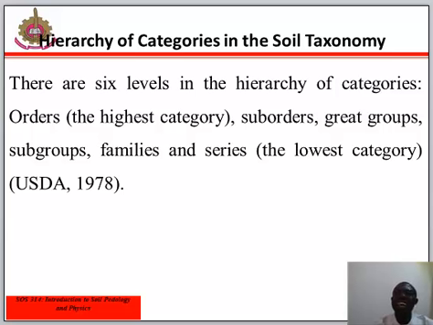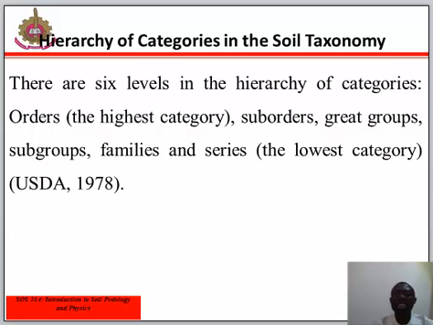Orders. There are 10 orders differentiated on gross morphological features by the presence or absence of diagnostic horizons or features which show the dominant set of soil forming processes that have taken place.